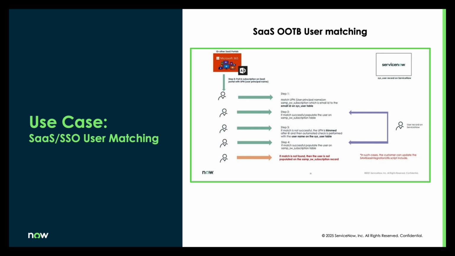If there's no match, ServiceNow will then try to trim off the domain on the UPN. So that's removing anything that's after the at, right? And then it tries to match it with the username on the sys_user table in your instance.